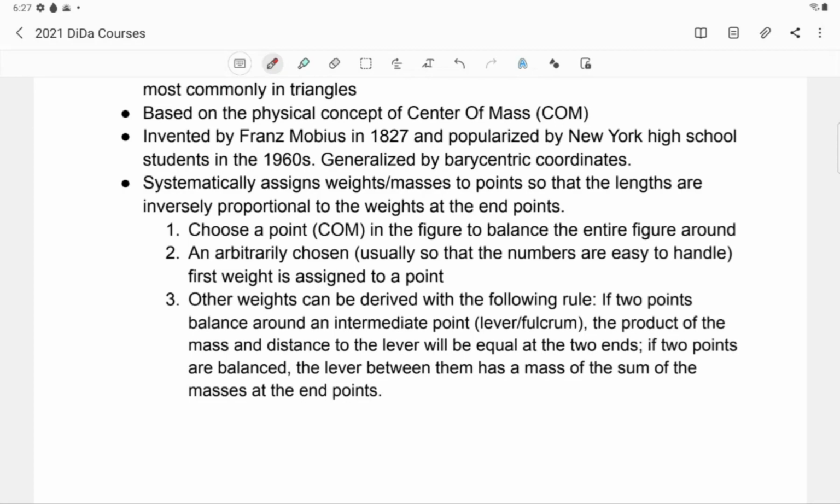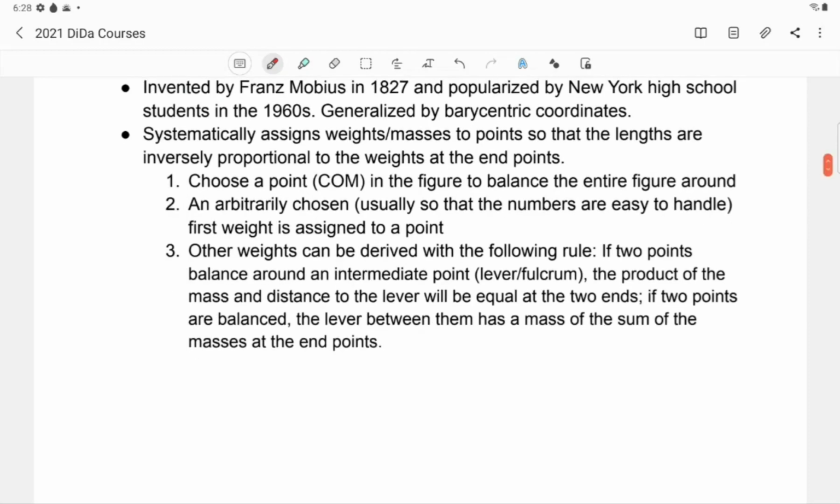At the core of the method is to systematically assign weights or masses to points so that the lengths are inversely proportional to the weights at the endpoints of a line segment.